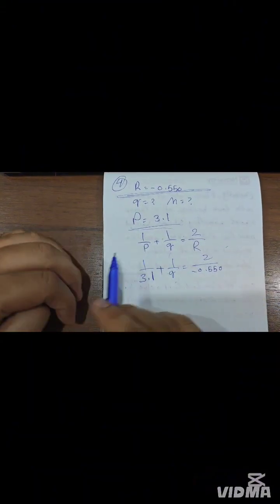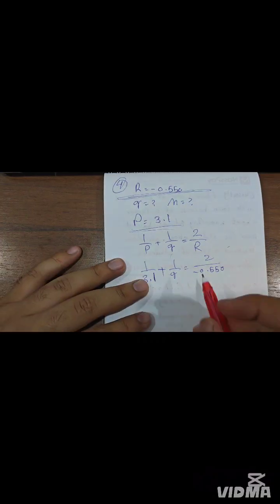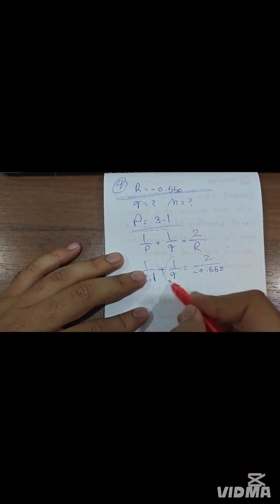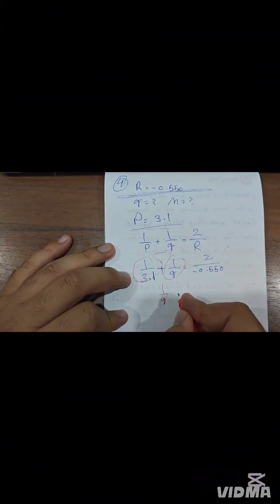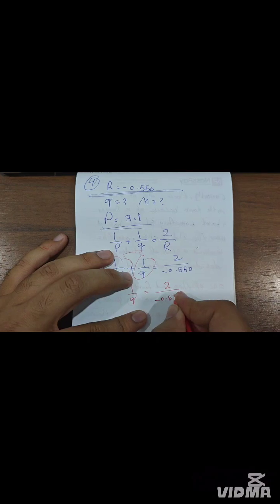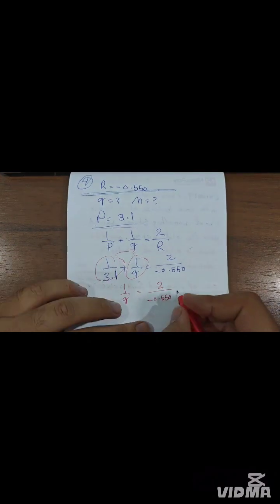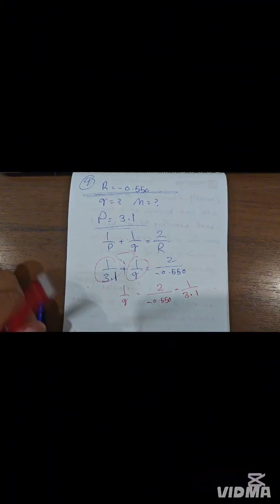To make this 1 over Q alone, write down this 1 over Q, and take this number to the right side. 2 over negative 0.550, take it to the right side, it will be negative 3.1.